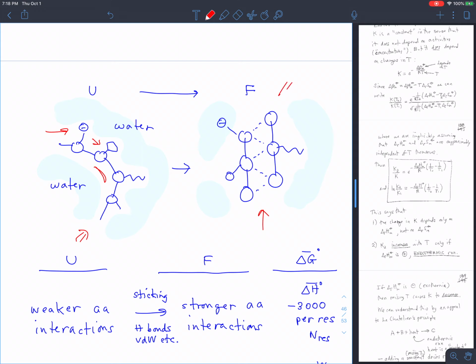In the folded form, they are all sticking to each other. There's all these little weak bonds holding them together. And also, the surrounding solvent, the water: the protein is very exposed in the unfolded state, but not as exposed. Only the surface of the protein is exposed in the folded state. Those are the big changes that occur during the folding process.